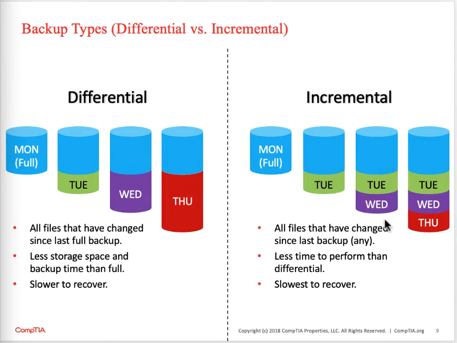However, in this case, I can restore myself to any previous day, right? So I have all the changes from Thursday, all the changes from Wednesday, all the changes from Tuesday, right? So if Thursday comes and I need to revert back to Tuesday, I can do that, right? However, with a differential backup, I can't revert back to Tuesday. I can only revert back to Monday.